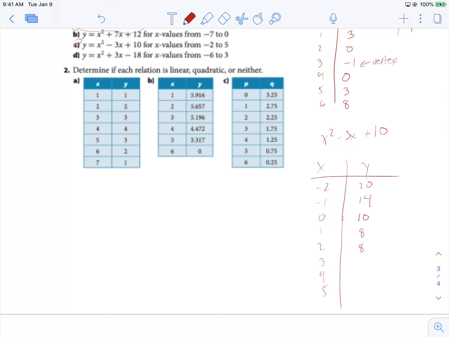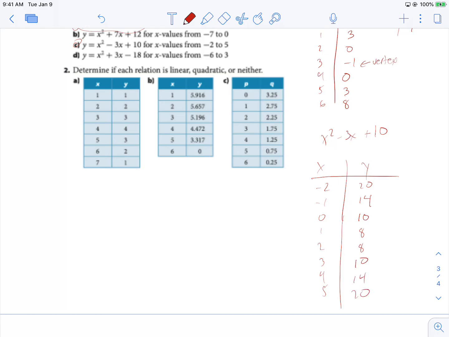I've got to back this thing up. Sorry, folks. This is what happens when you try to do these parabolas in your head. Don't do it. Don't be like me. That was 8. 4 minus 3 times 2. Yeah, okay, that makes sense. So then we're just going to bounce back up.